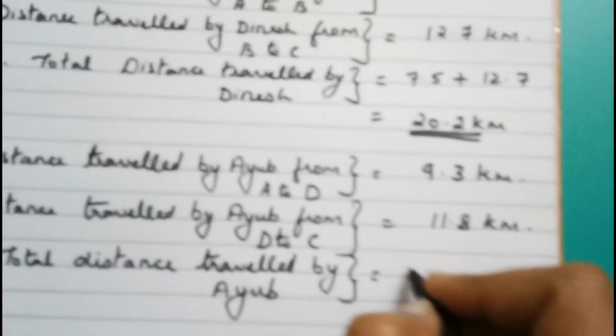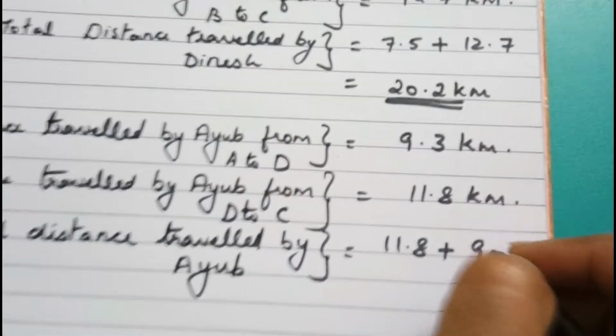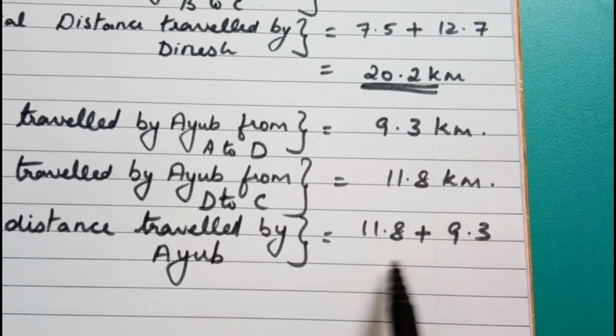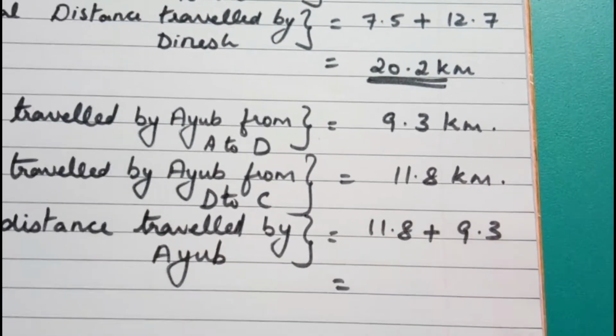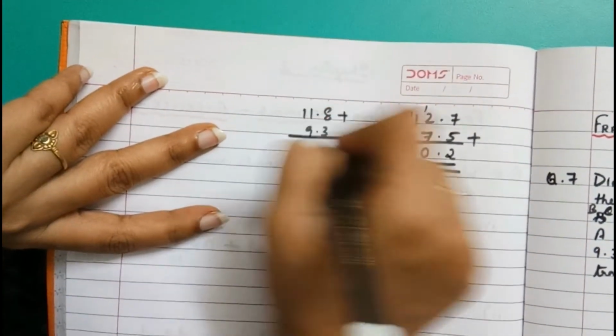Okay, so how will we find the total distance? The same way, 11.8 plus 9.3. We can write it either way, since we need to add. So what will be the answer? Let's see here. 11.8 plus 9.3.